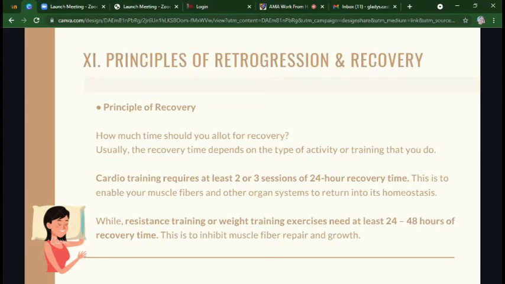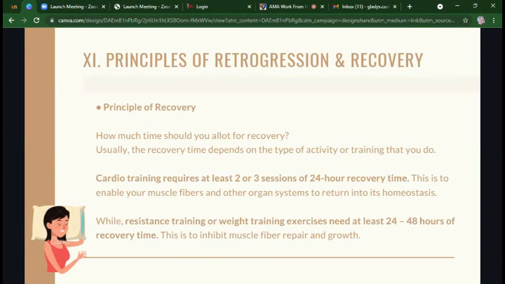This is for us to enable our muscle fibers and other organ systems to return to homeostasis. Homeostasis means balancing of what's in our body, balancing of the temperature and the liquid.